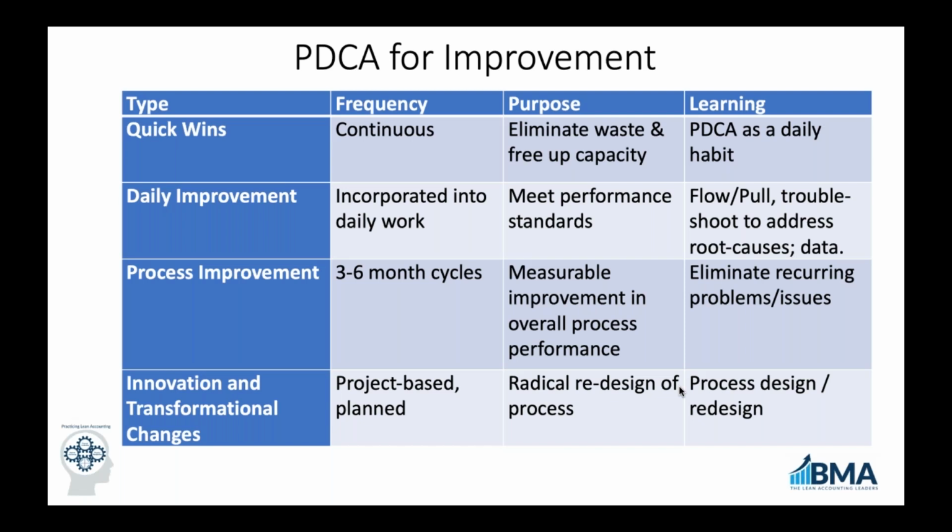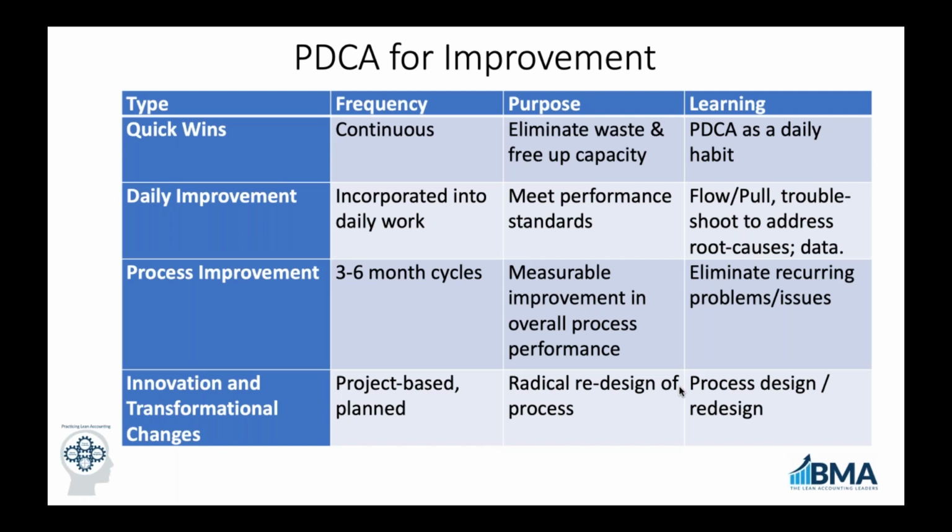Then there are the innovative, transformational changes that are more radical redesign of the process, which takes time to get to. And really the focus in lean accounting should be to get started with quick wins and daily improvement, and progress to process improvement. If you can do that, you're doing great.